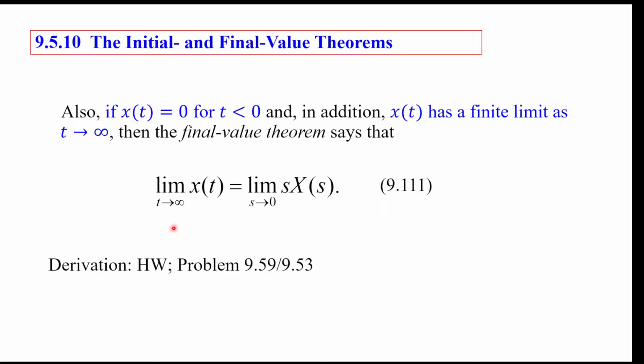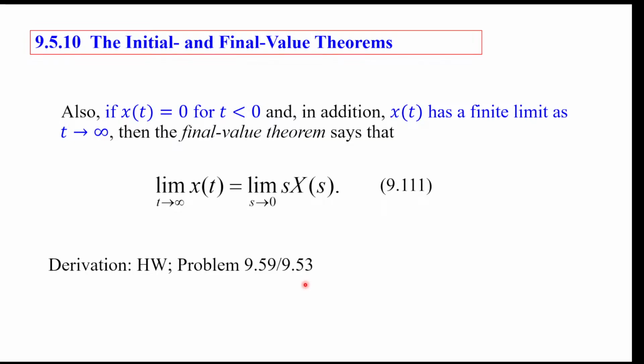Okay, so this is the initial and the final value. And if you want the derivation, it is in this homework problem, the textbook numbering is 9.59 and 9.53.